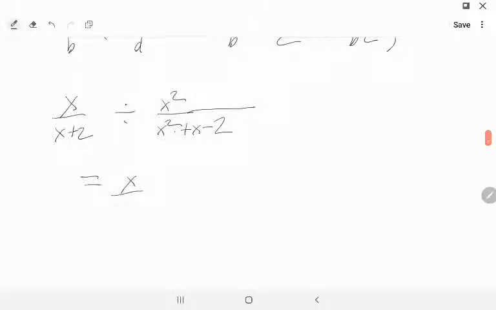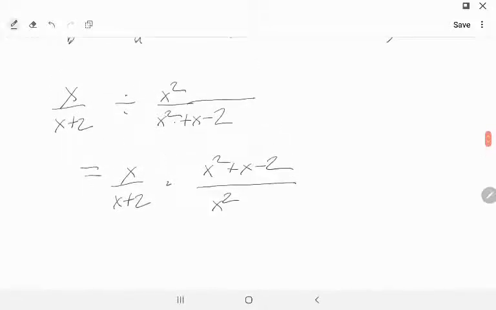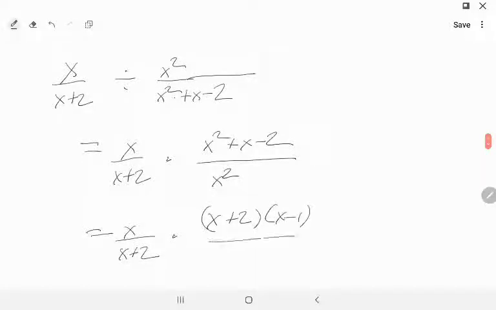So we first say equals x divided by x plus 2 times x squared plus x minus 2, all divided by x squared. And what we notice is that we can do the multiplication by the reciprocal and then do the factorization. But you notice we could also have done the factorization at the same time as we're multiplying by the reciprocal. So we could have technically skipped this step.